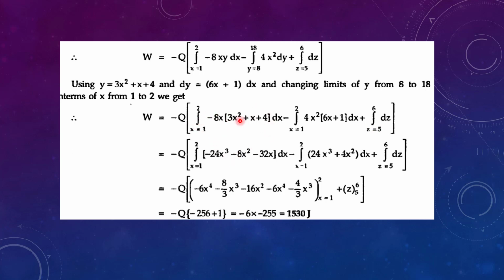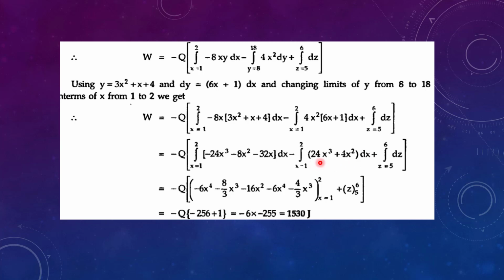So integration can be separately given because there are plus signs, right? So -8x into 3x² is equal to -24x³. So first let us solve these brackets and write dx, and then again you can apply dx to every part separately. Similarly we can solve this bracket, and then you can add these two terms.